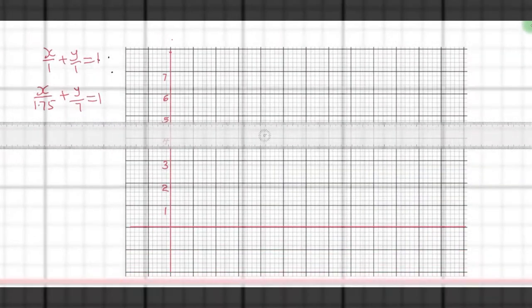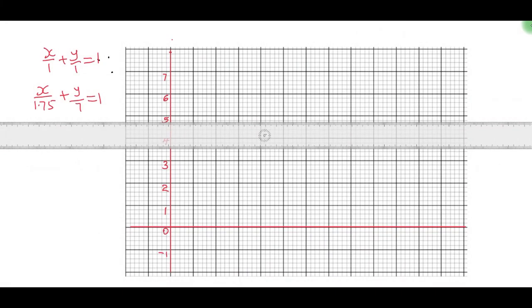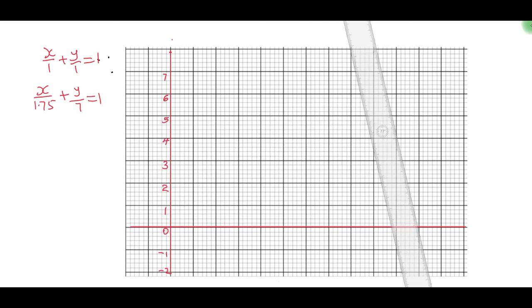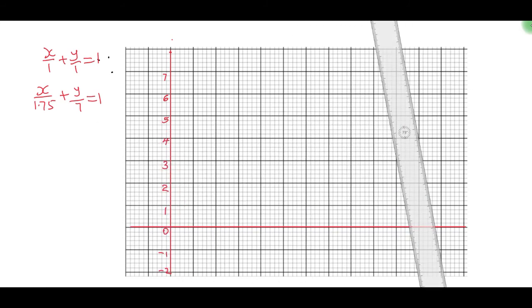That's what I have, and maybe minus 1 and minus 2. Then from there we plot the first one, which cuts the x-axis at 1. Let me again write this, minus 1.